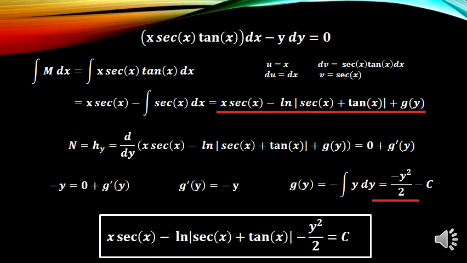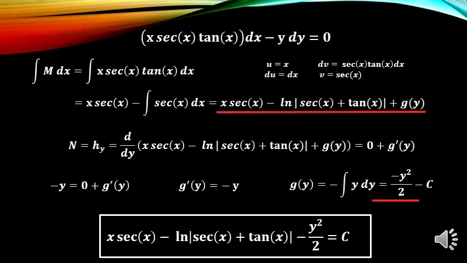We integrated M by parts with respect to x. We separated the values of u, du, v, and dv. Our variable u is equal to x, du equal to dx, v equal to sec(x), and dv equal to sec(x) tan(x) dx.